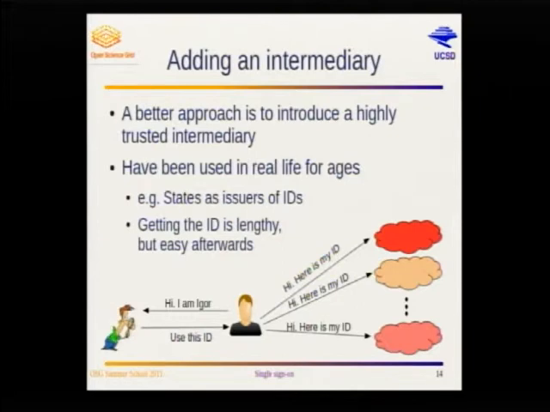So in real life, we do this all the time. And I use the passport for a reason. Or I should say an ID or the driver's license. This is what we do all the time. When you go anywhere, do people trust you at face value, literally at face value, that you are who you claim to be? No. They want to see an ID. And they look at your name and say, oh, yeah, you are John Smith.